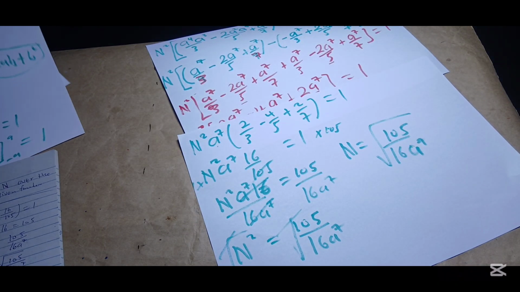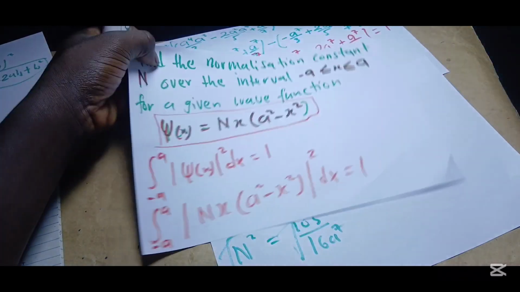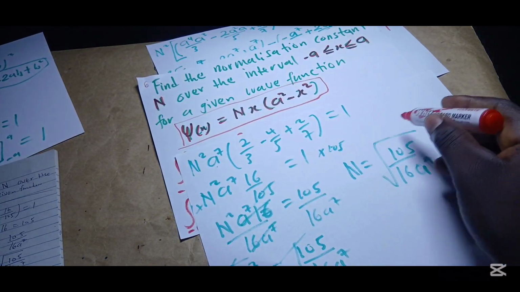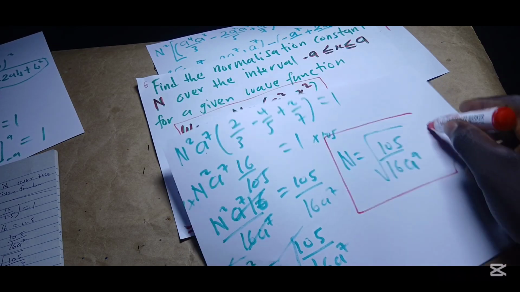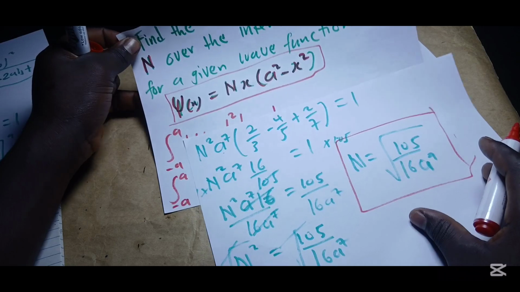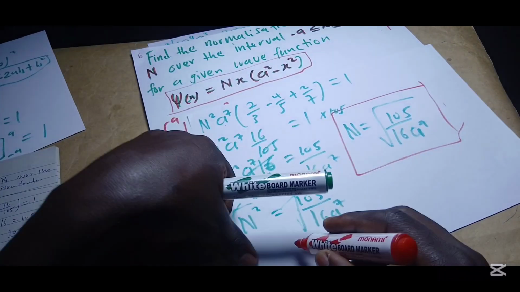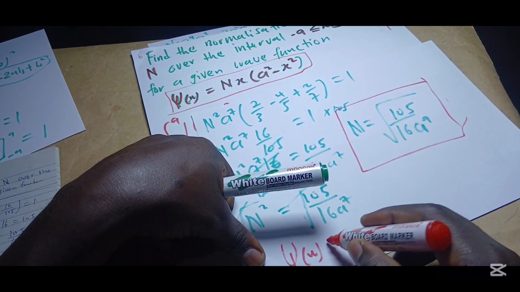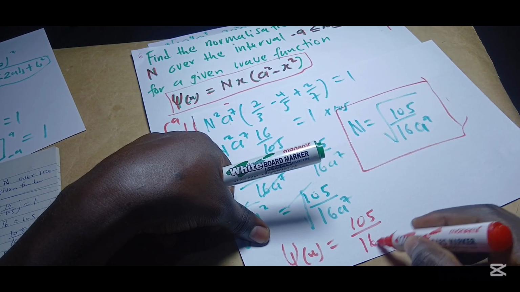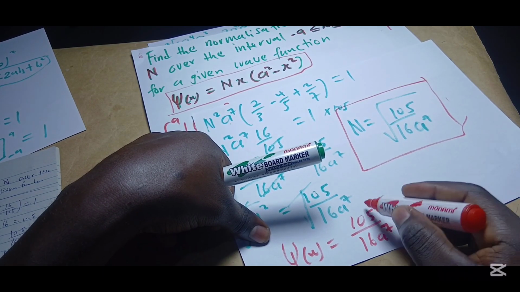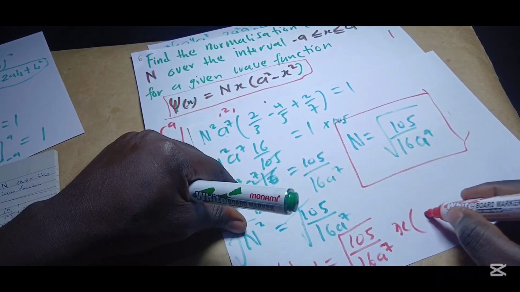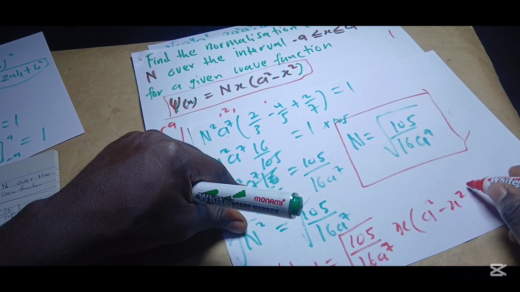So the question is asking us to calculate the normalization constant. And in this case, we've calculated our normalization constant to be n equals the square root of 105 over 16a to the power 7. So we can therefore go ahead and write our normalized wave function, if we are asked to do so, as a to the power 7, then x multiplying the bracket a to the power 2 minus x squared.